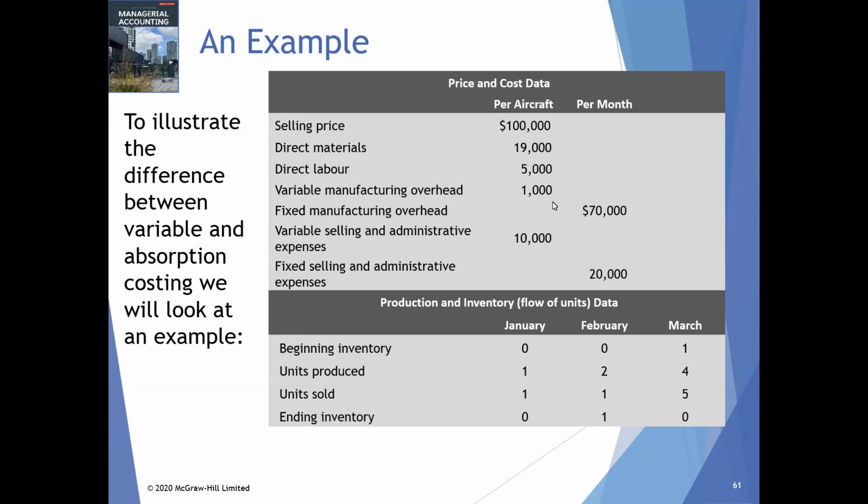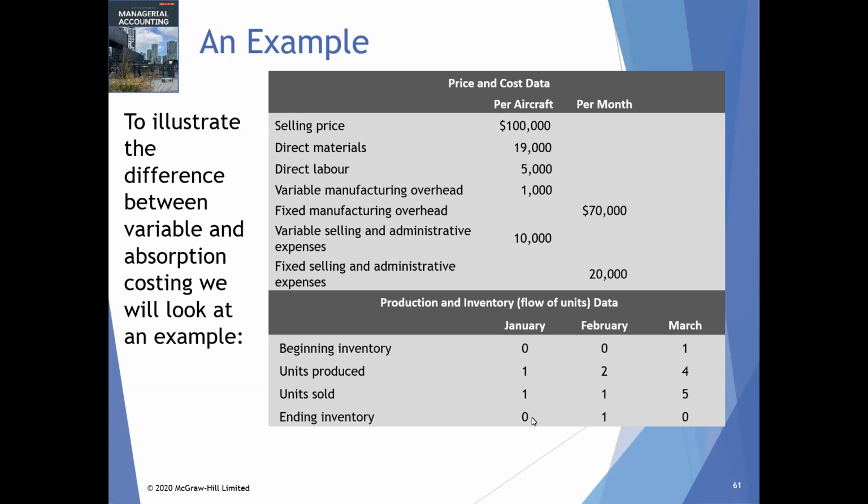Now the price and cost data is here. Now we have the production and inventory data, the flow of units in January, February, and March, 3 months. Opening stock was 0 in January. Only 1 unit produced, let's say 1 dining table produced, and only 1 sold. Ending inventory is 0.